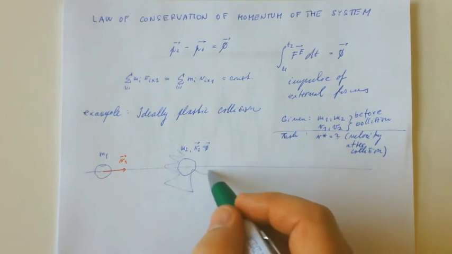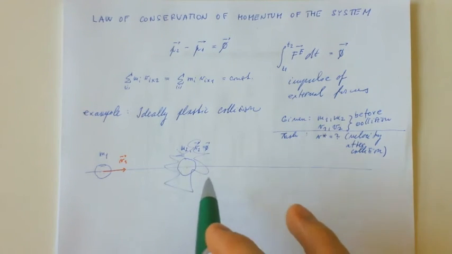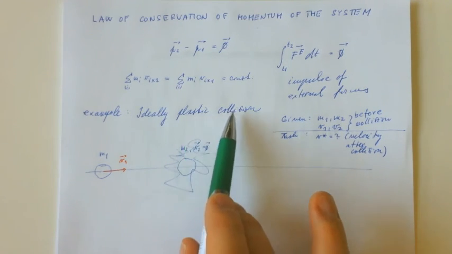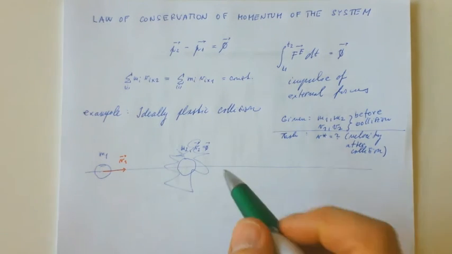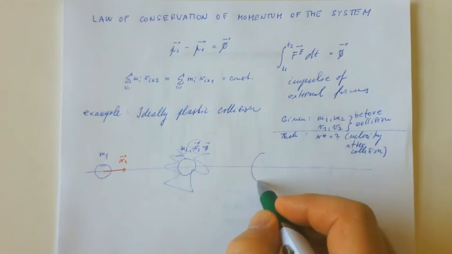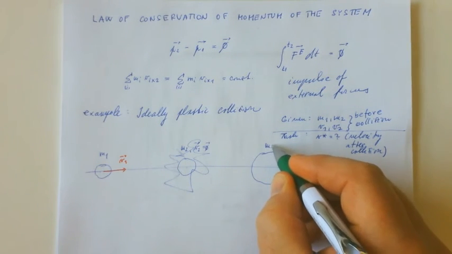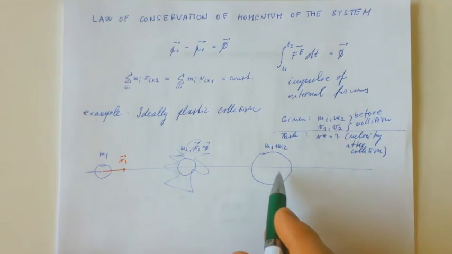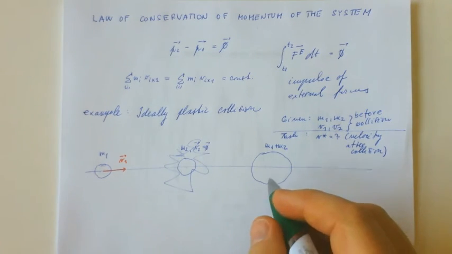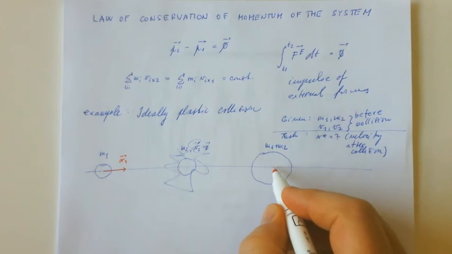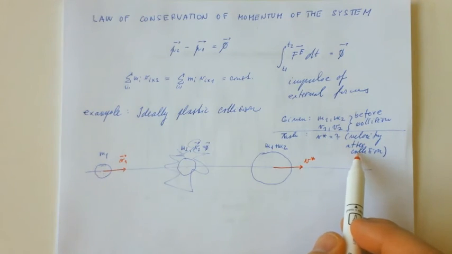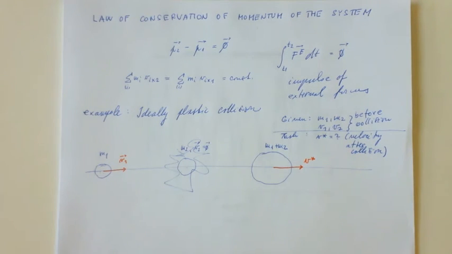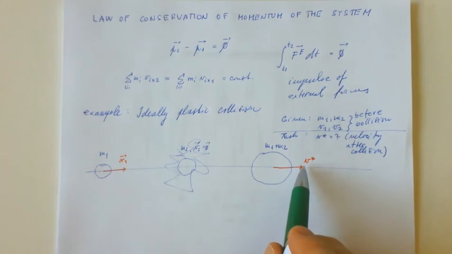And because both materials are ideally plastic, they totally mix together and continue as one big particle with mass m1 plus m2, with unknown velocity v star. So this is the velocity of the system after collision, and we are supposed to find this final velocity.